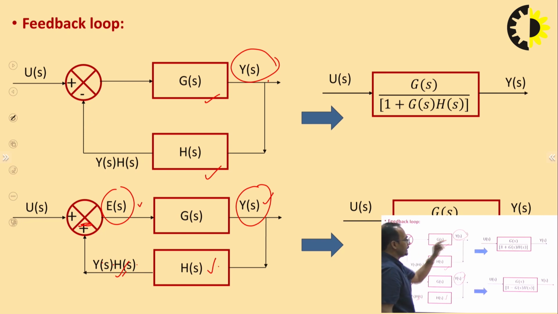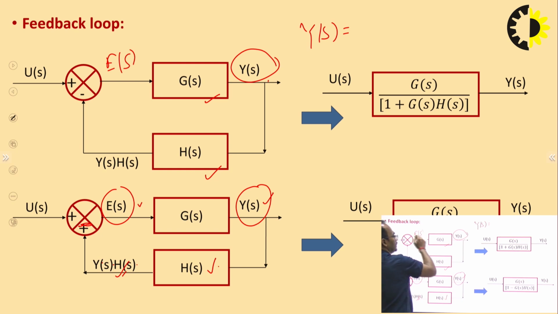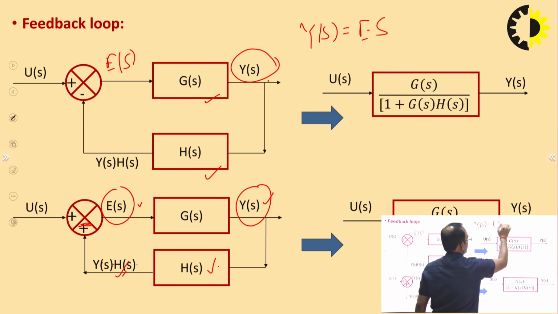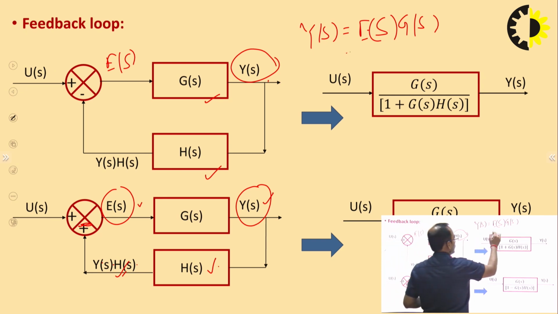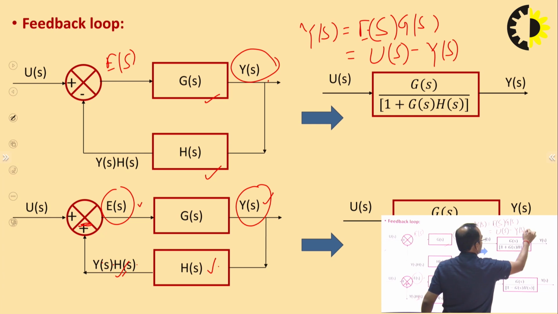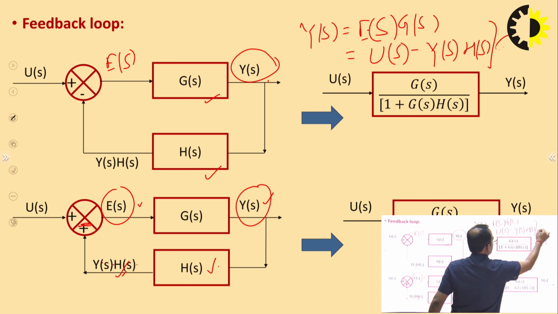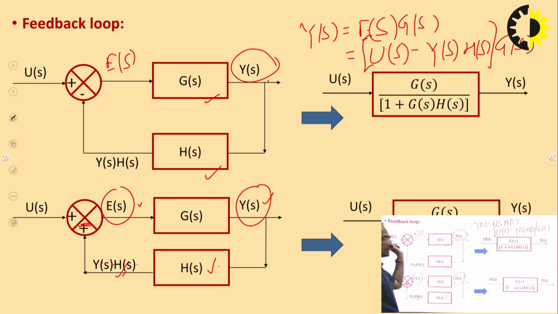Here I can see that Y(s) is nothing but the error signal E(s) into G(s). What is the value of E(s)? E(s) is nothing but U(s) minus Y(s)H(s). So, I can put U(s) minus Y(s)H(s), times G(s). What I want is Y(s) in terms of U(s).